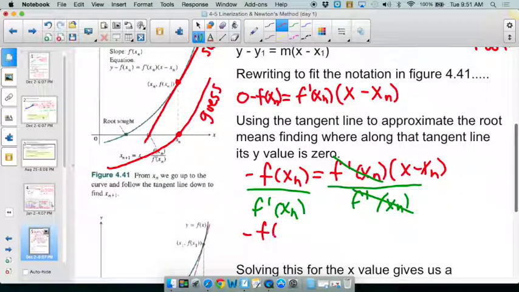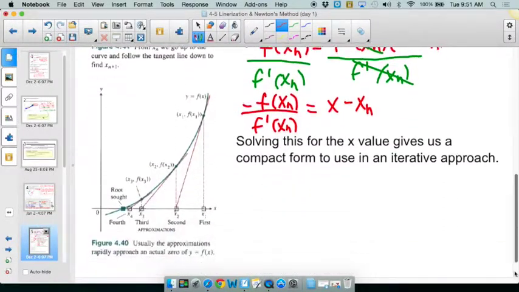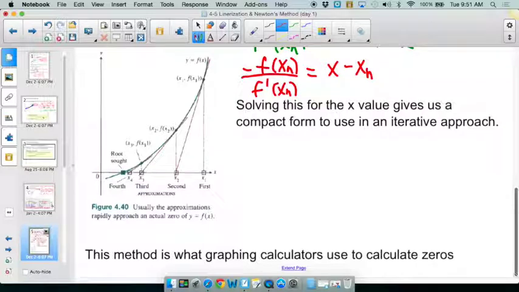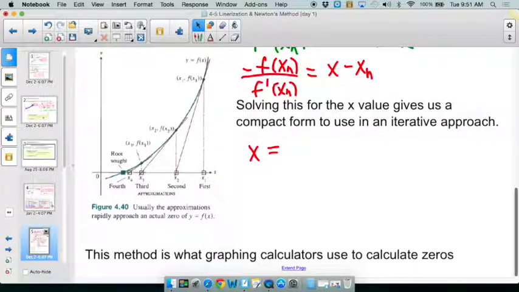So I end up having this. In other words, the value of the function over the value of the derivative. And then as I solve for x, solving for x means this goes to the other side.